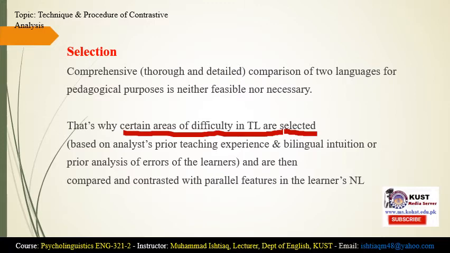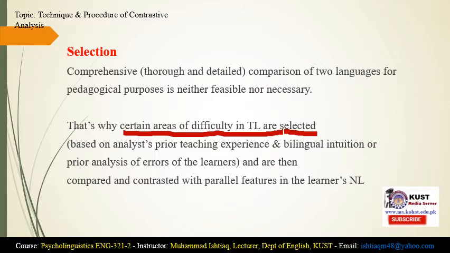He must be bilingual himself. Like the proponent of contrastive analysis, Robert Lado himself was bilingual. He was a Spanish and English bilingual. Or the selection can be based on prior analysis of errors of the learners. There are three possible ways to select: either based on your teaching experience, or on your bilingual intuition, or on your error analysis of the learners beforehand.